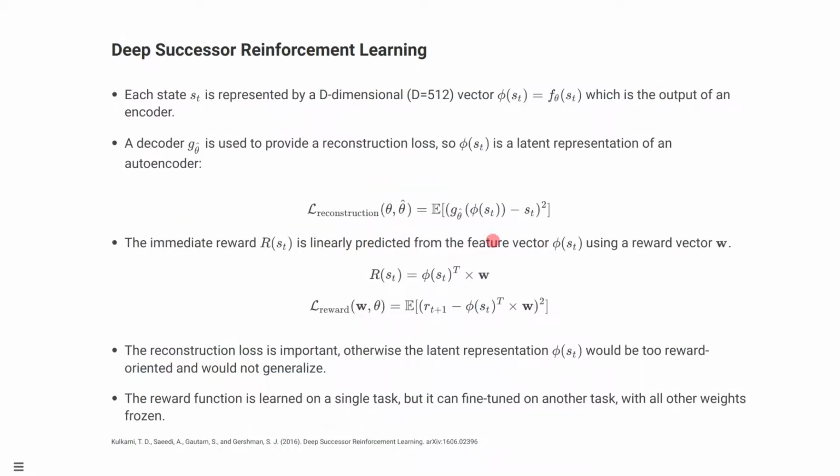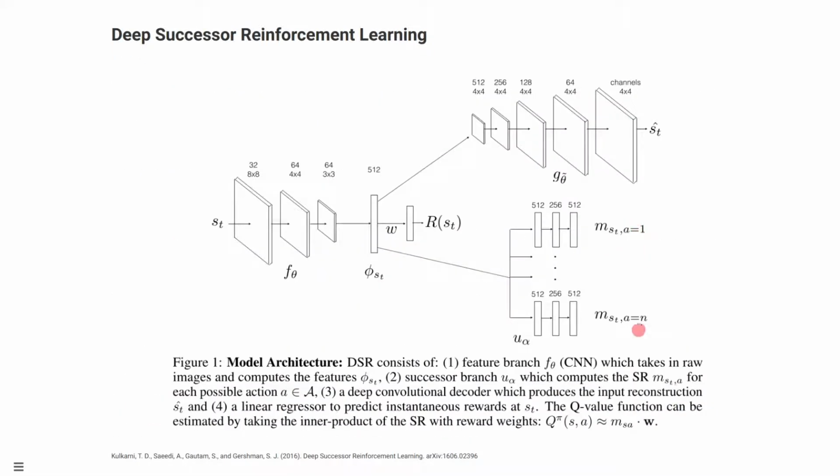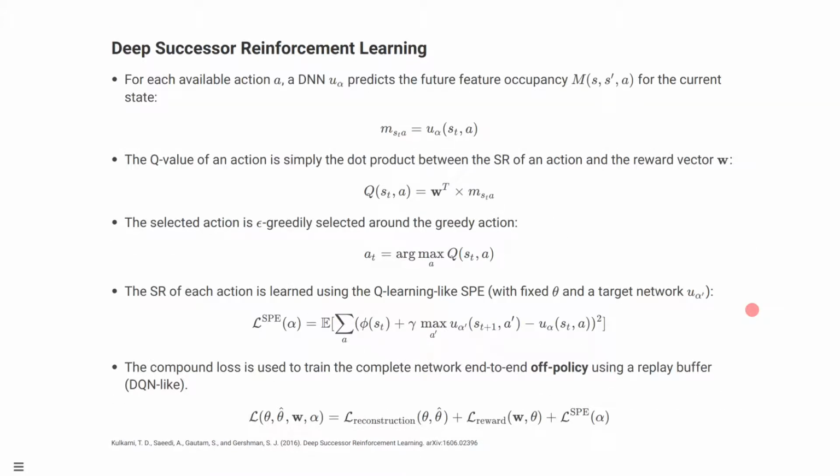So you get n vectors if you have n actions. Take your vector W here, compute the dot product with all of them, then argmax, or some epsilon greedy around it, and that's your action selection. It's really DQN-like. You can compute a Q value from that, and then with these Q values, you just act. So you're model free also while acting.